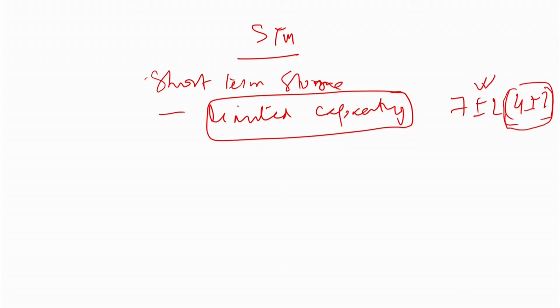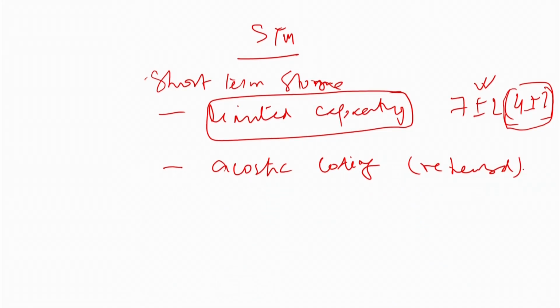We will focus on the original Miller's idea that it has 7 plus or minus 2 items. Then the second thing is the way items are coded, and mostly acoustic coding happens in short-term memory.